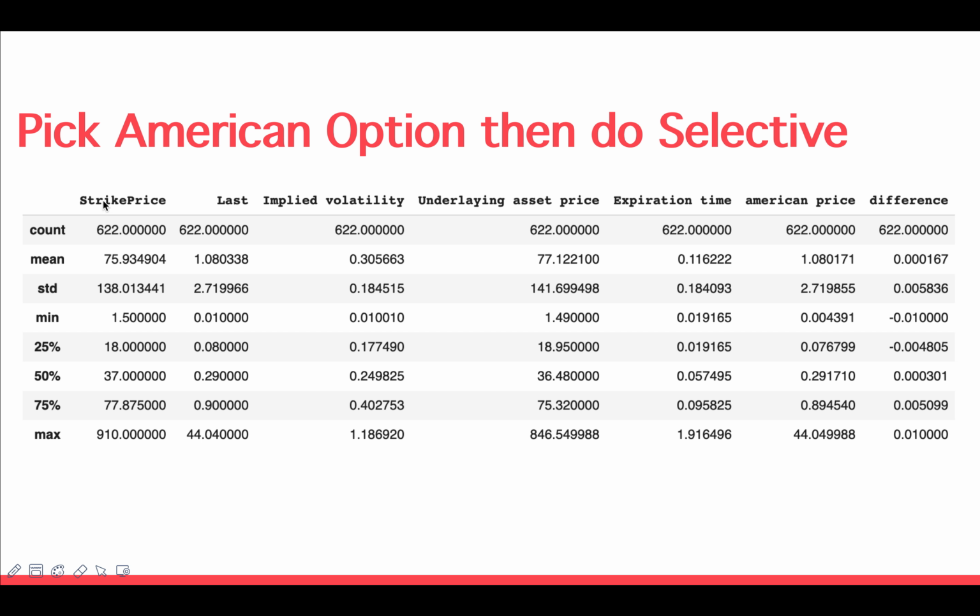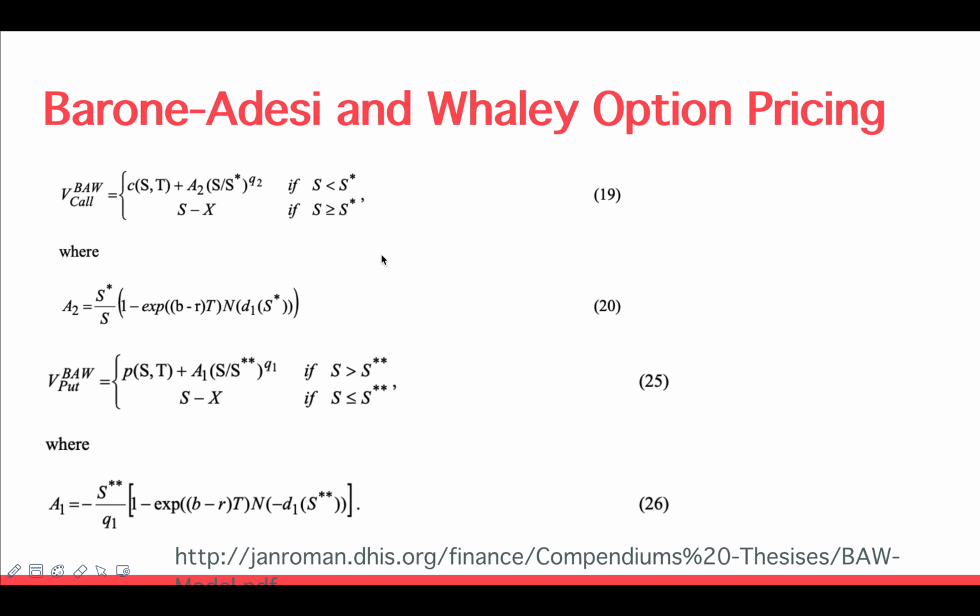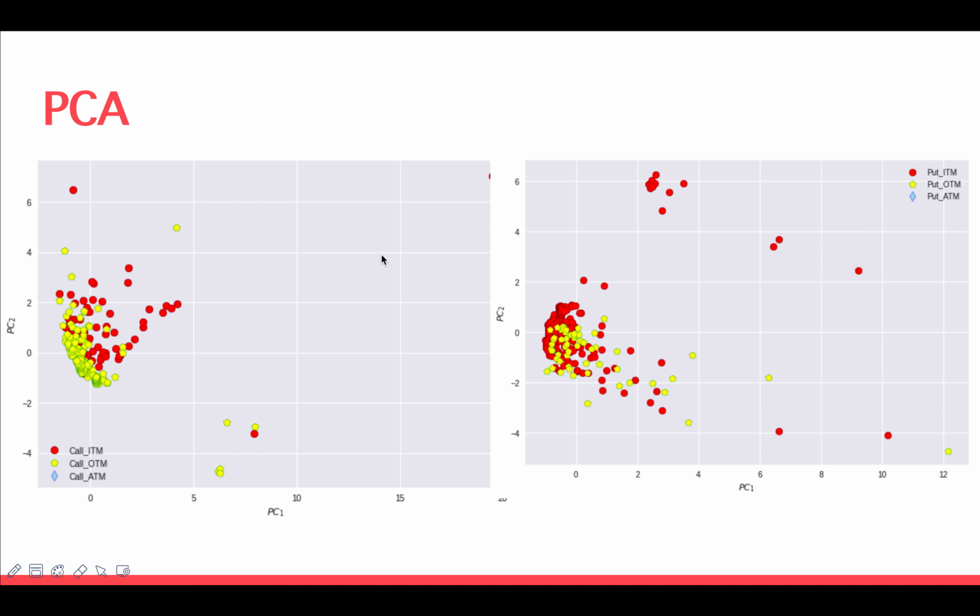So we can see the result here. I used the result to do the PCA, and the red one is the call ITM, the yellow one is the call OTM. We can see the ATM is less. It seems like I can't see it in this picture.